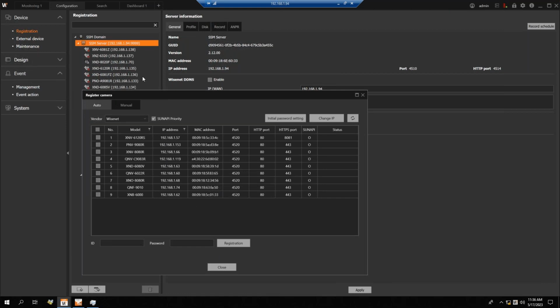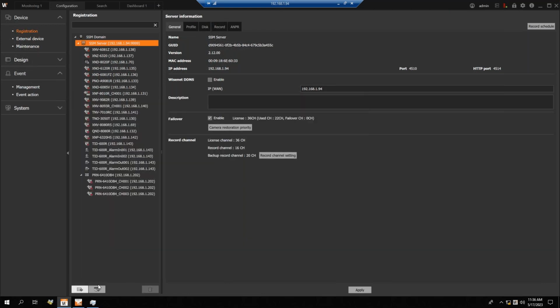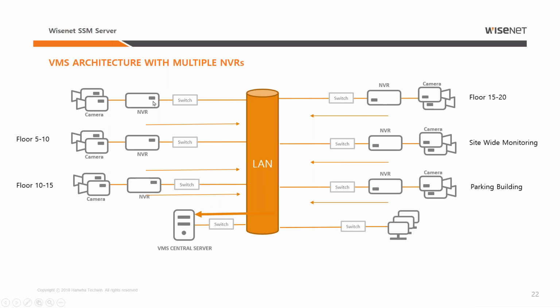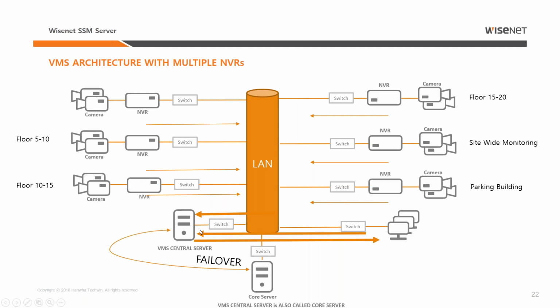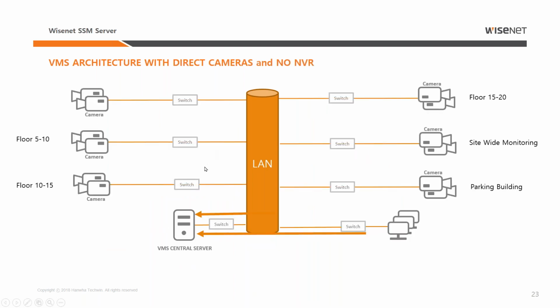If I add cameras, I have to record on the server. If I add NVR, recording is already being done on the NVR. I don't have to manage any recording. Recording is already done here. Okay, so both can be added to VMS. If you add NVR, you can add it to the SSM, or you can directly add cameras to the SSM VMS.